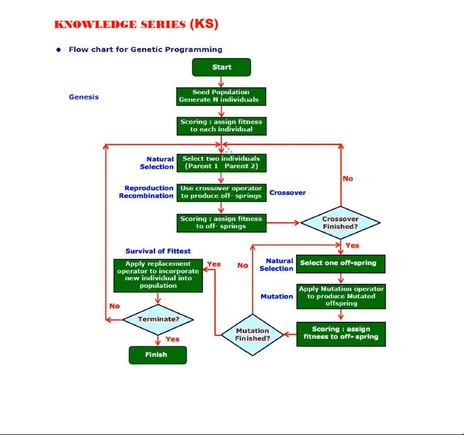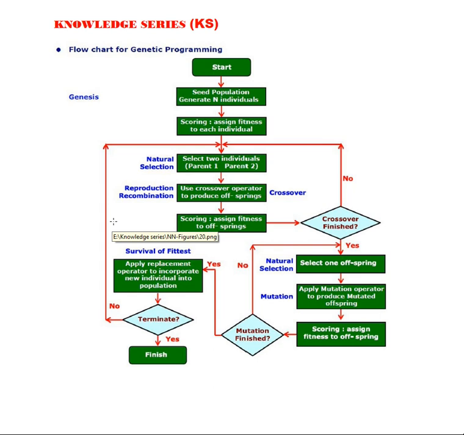Now once we get the two parents, that is natural selection, then we go for a crossover. And what are the different crossovers? We go for one-point crossover or multi-point crossover, uniform crossover, whole arithmetic crossover, Davis order crossover.